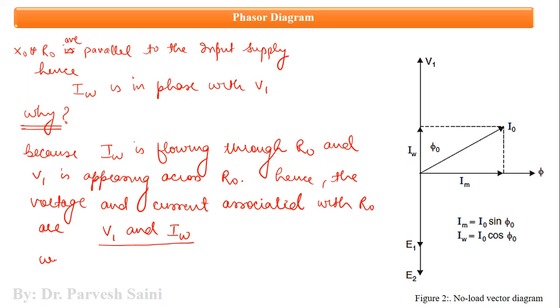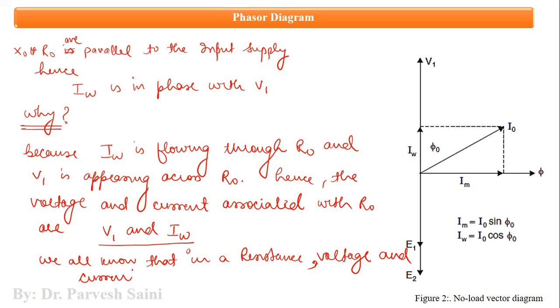And we all know that in a resistance, voltage and current are in phase, and that is why IW is shown in phase with V1.